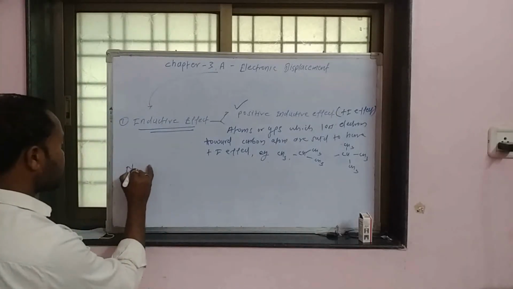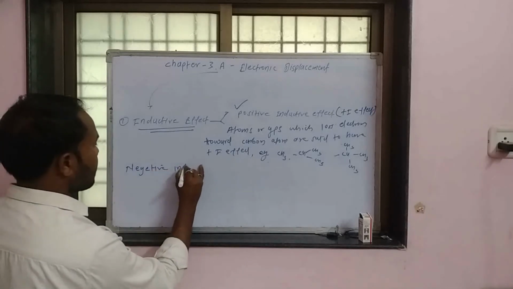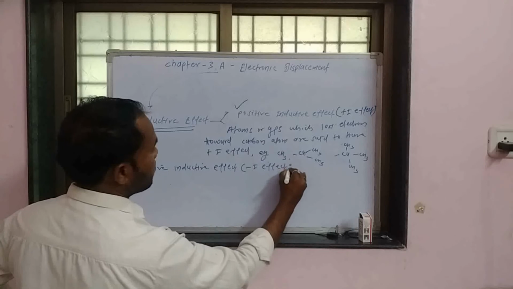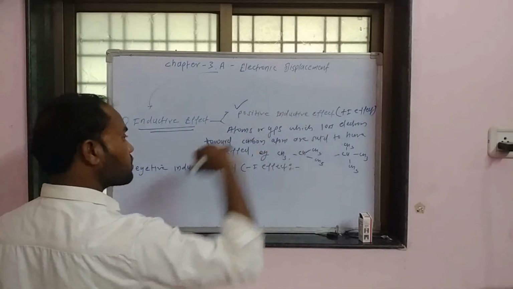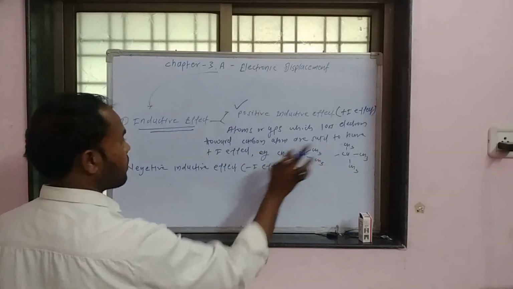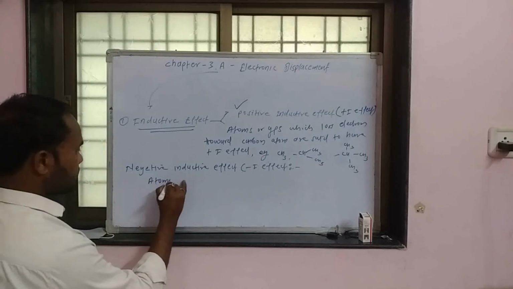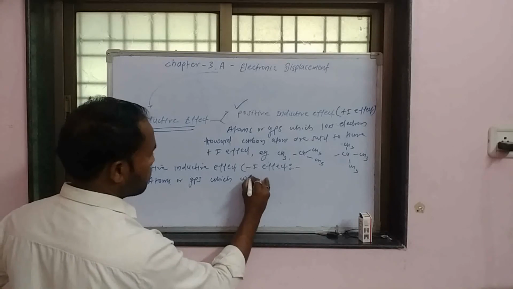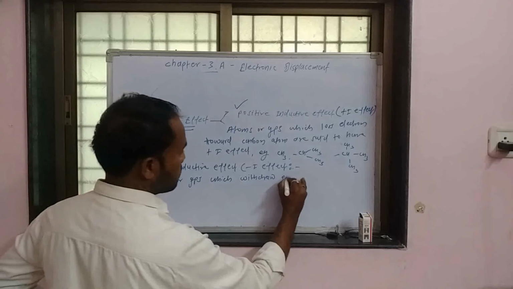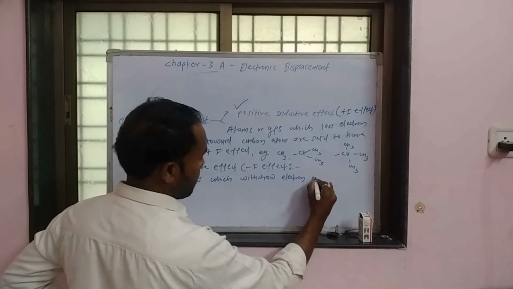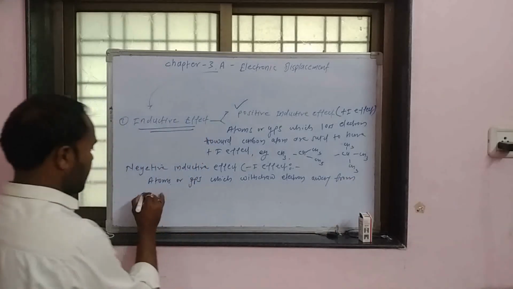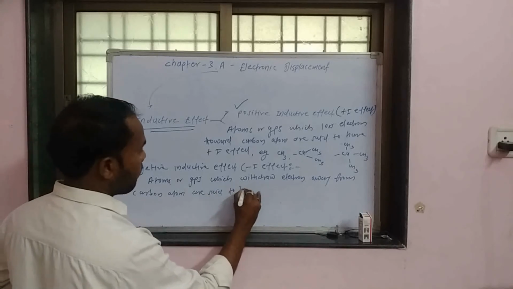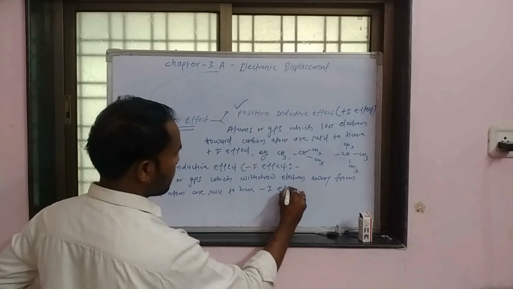Then the second is the negative inductive effect. The negative I effect means atoms or groups which withdraw electrons away from the carbon atom are said to have a negative I effect.